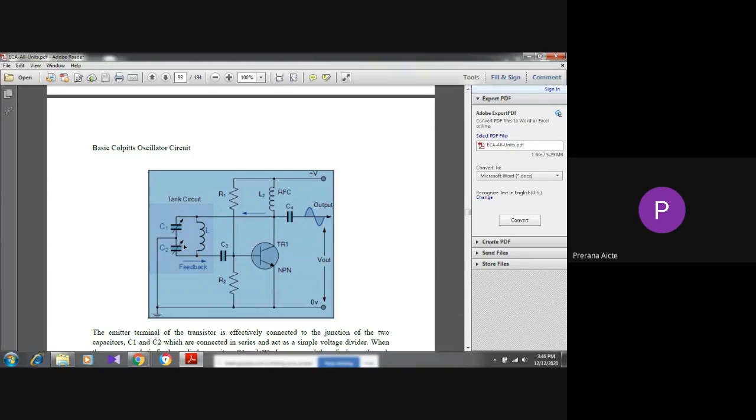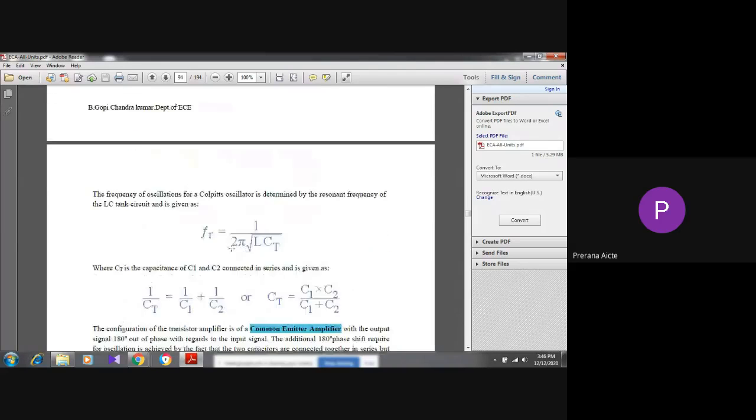But in the case of Hartley, we have two inductors and one capacitor. The frequency formula is 1 by 2 pi root of L CT, where CT is equal to C1 C2 by C1 plus C2, the total equivalent capacitance. Fr means resonant frequency. Okay, this is the Colpitts oscillator.